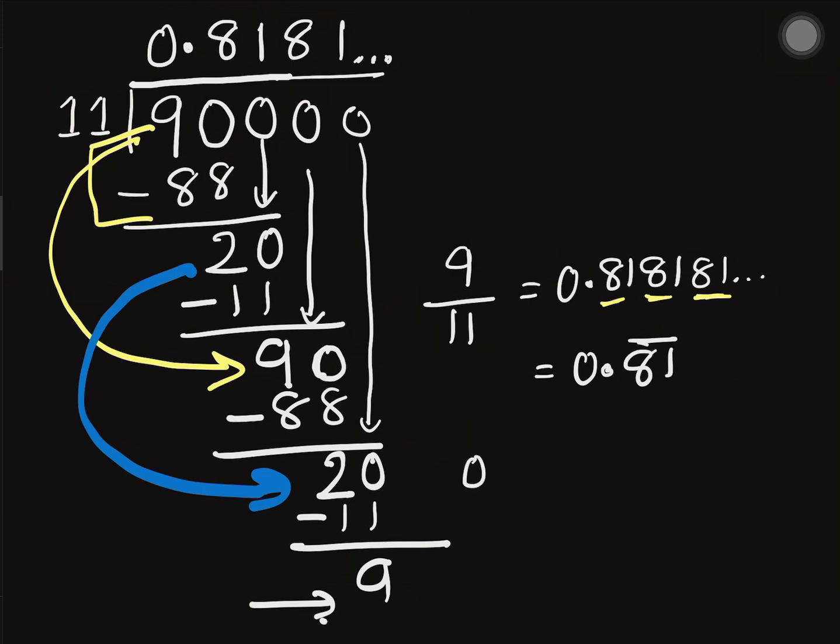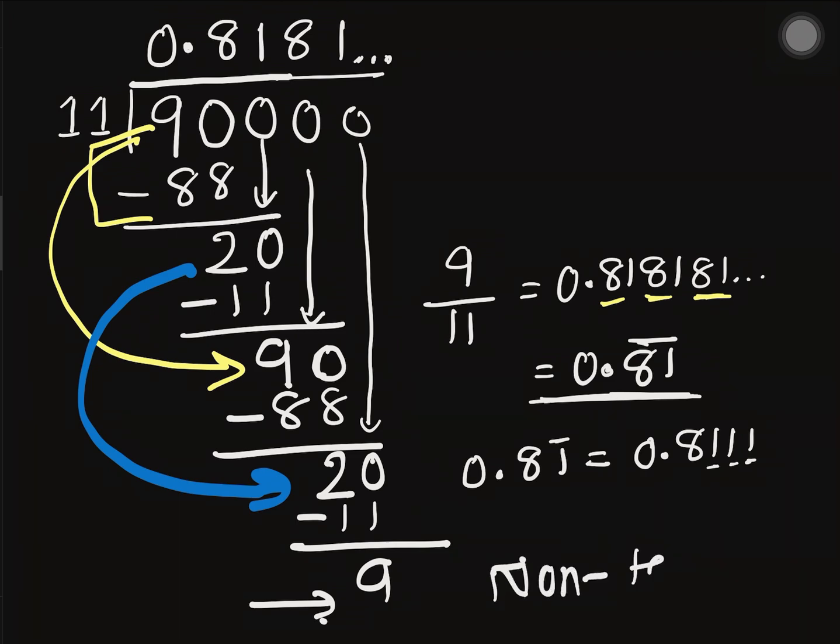For example, if you write 0.8 1 bar, this means it is nothing but 0.81111 and so on. So here 1 is repeating, not 81. So be careful about the bar. So if the remainder is non-zero, you will get a non-terminating but recurring decimal expression.